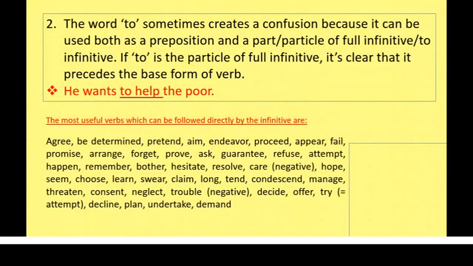If it is used as a part or particle of the full infinitive, base form of verb will be used after to. Here you get some verbs, and these verbs are followed by the infinitives.